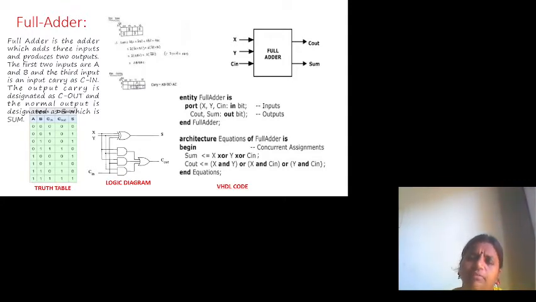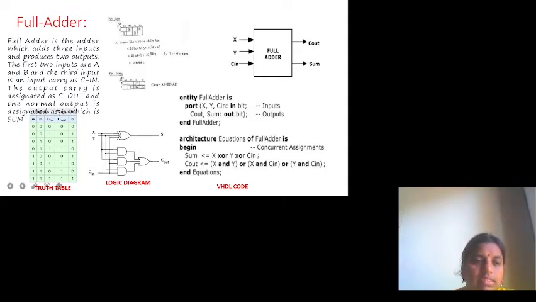You can also give a, b, cn, or any p, q, r, anything. So a full adder consists of 3 inputs and it produces 2 outputs. Outputs are sum and carry out. Here cn is an input carry and cout is nothing but an output carry.